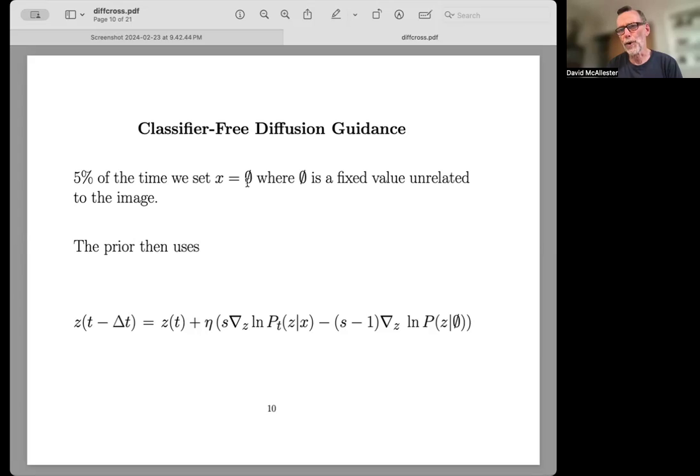So we have both a conditional model that can be conditioned on any class, and we have an unconditional model, which is the background probability. And so now what we're going to do is we're going to weight 2 terms. I'm interested in generating an image given a class label.